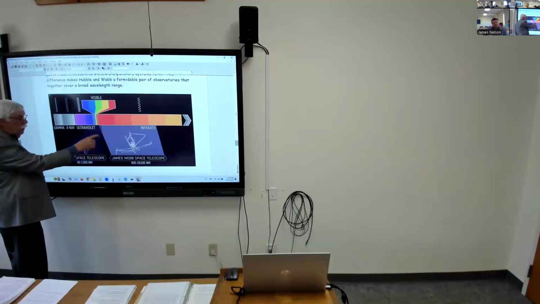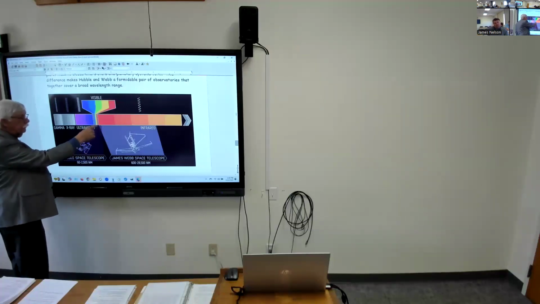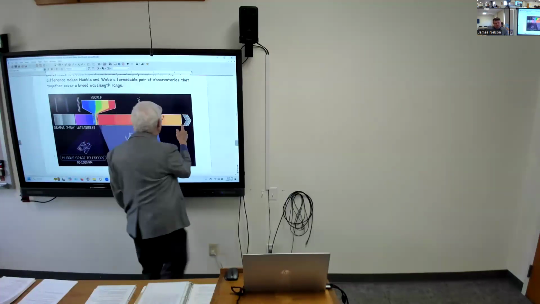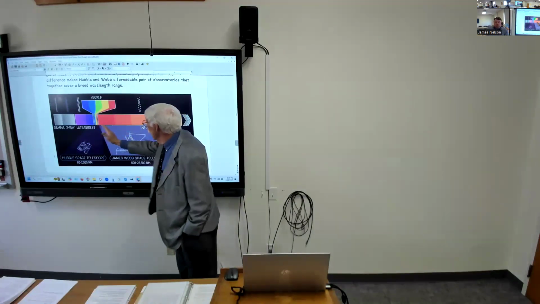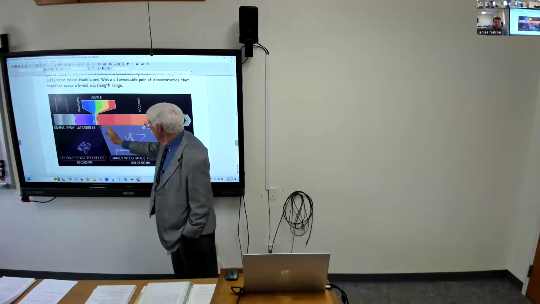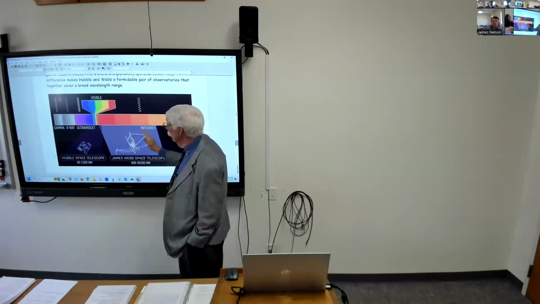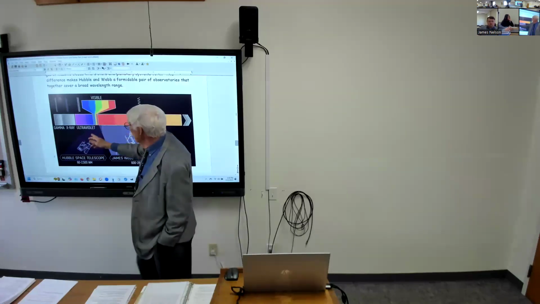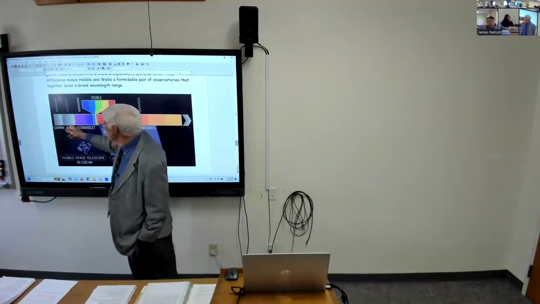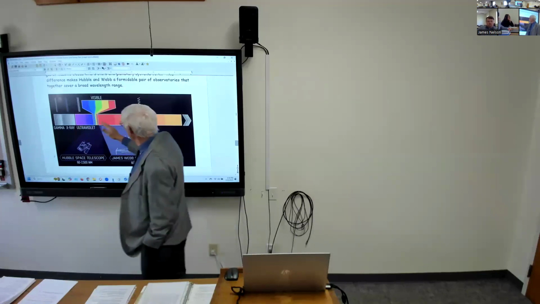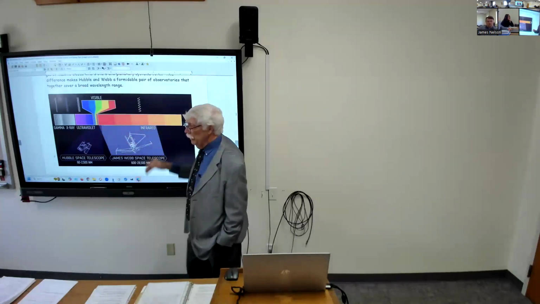The James Webb is taking this infrared range. Now there still is more infrared that it could take, but it's taking this range of infrared and just examining that in space. That's all it's doing. It's not looking at visible light. It's not looking at ultraviolet, X-ray, or gamma rays. They're all out there, but it's not looking at them. It's looking just in the infrared range.